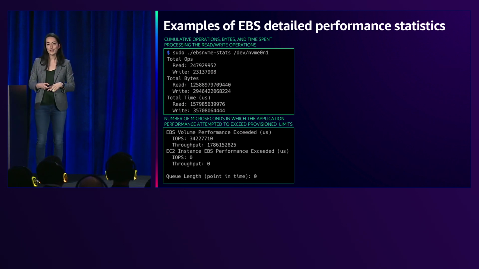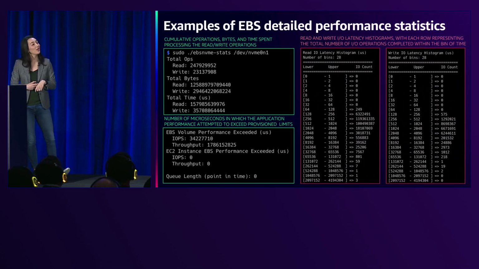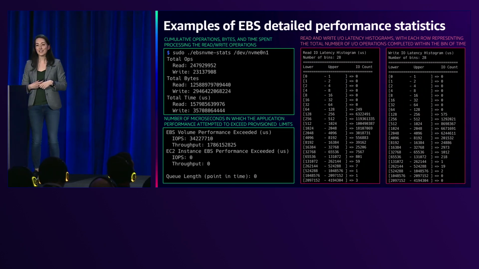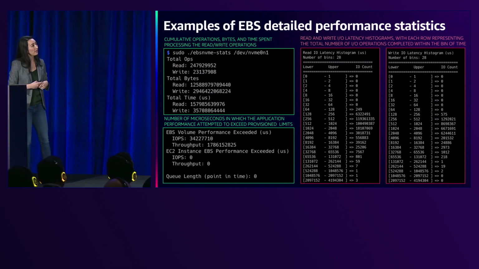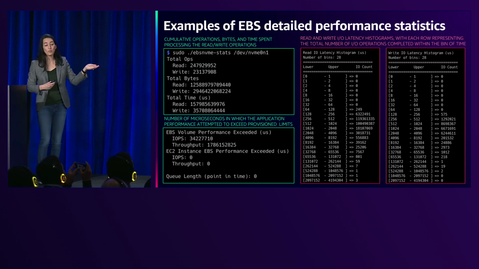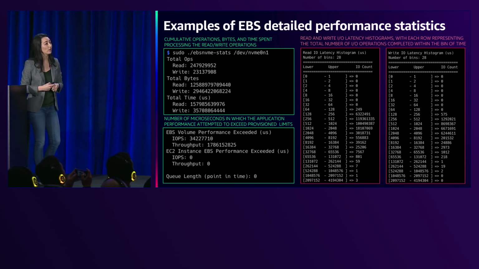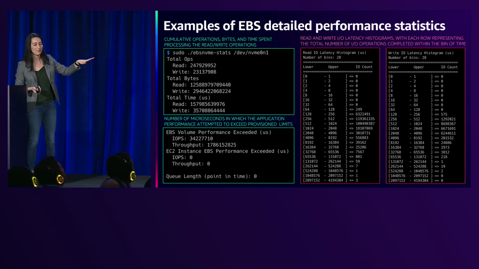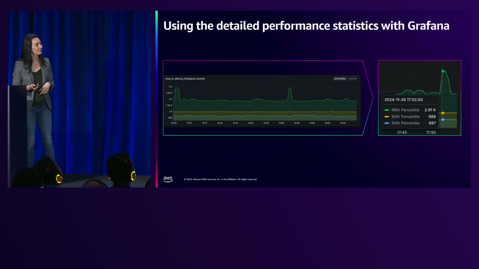And then thirdly, and I think this one's really cool, you can now see the I/O latency histograms for your volume. This is going to allow you to see the performance of every single I/O that you're driving on your volume and kind of what that looks like. And so I know it looks like a lot of numbers, but you can do some pretty cool things with it.